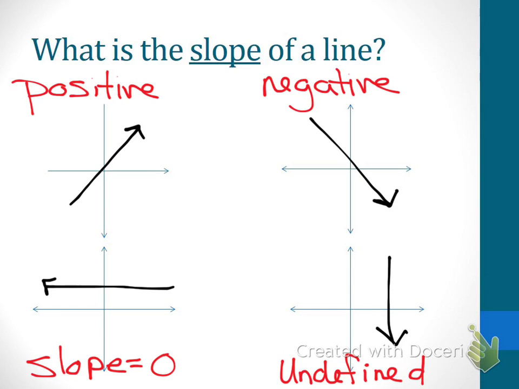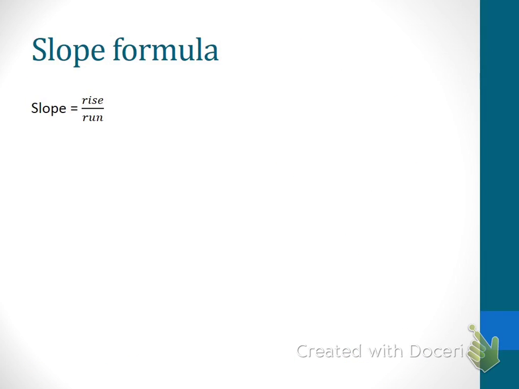Okay? Positive, negative, slope of 0, and undefined. You need to be able to recognize these on your homework. Tomorrow you're going to have some of this where you're just looking at it and saying, yeah, positive, negative, undefined, or 0. Okay? Questions? All right, so now let's kind of get into the heart of today's lesson, and that's actually finding slope.